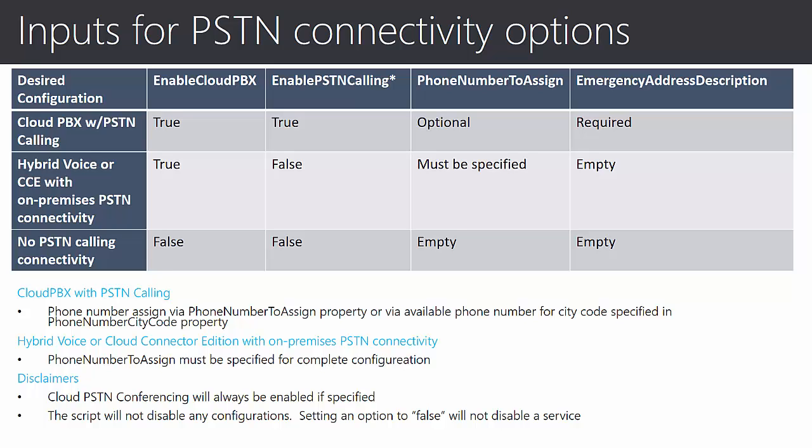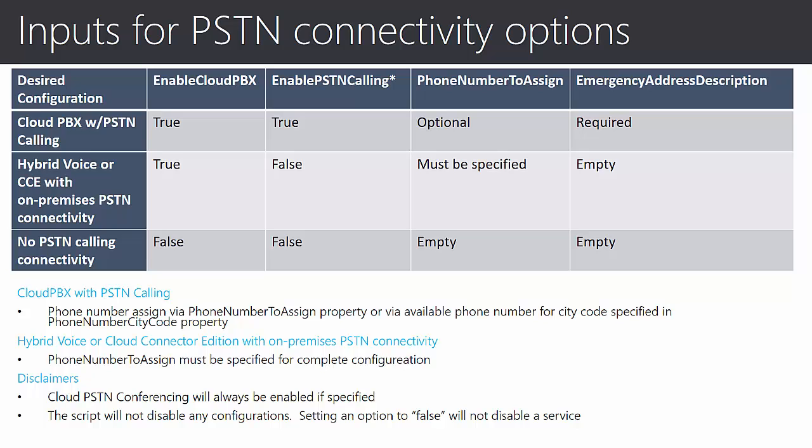From a hybrid, from an on-premises PSTN connectivity perspective, I don't have any idea of what your telephone inventory is. And so if you want to assign that to a user, you must specify the phone number that will be assigned. And then I will also ignore anything that you have in the emergency address description, because those calls will be going out your trunks and I'm relying on that address to be specified via other mechanisms.